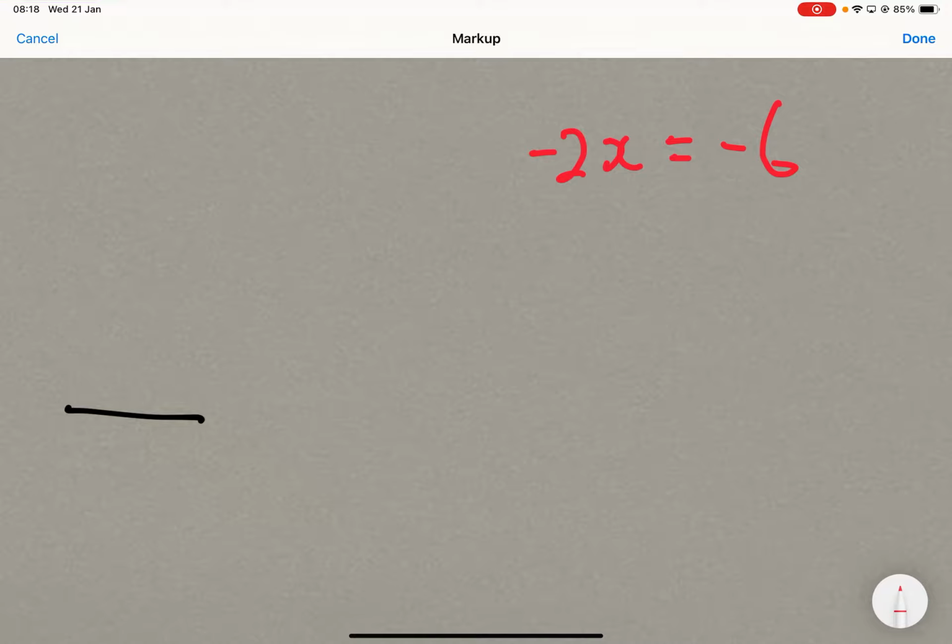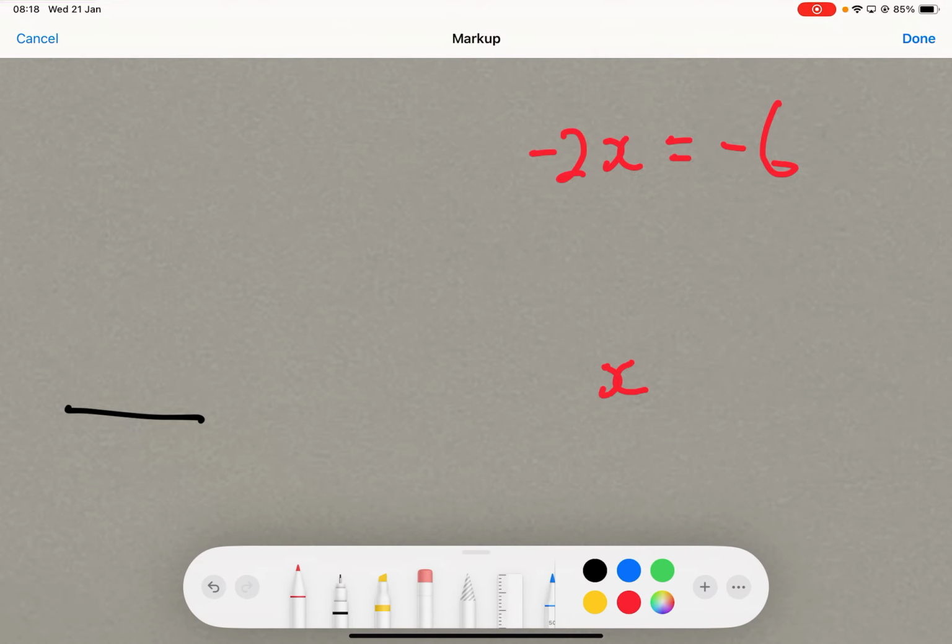I want to finally make 1x. So if I have negative 2x, how can I make this become this? Okay, even if I don't have the minus, make it easier. How can I solve this?